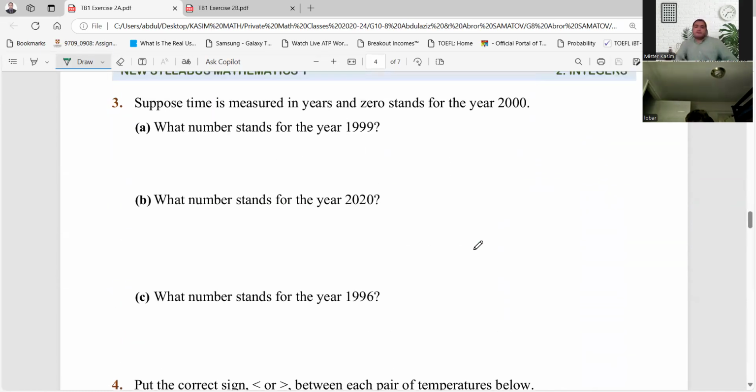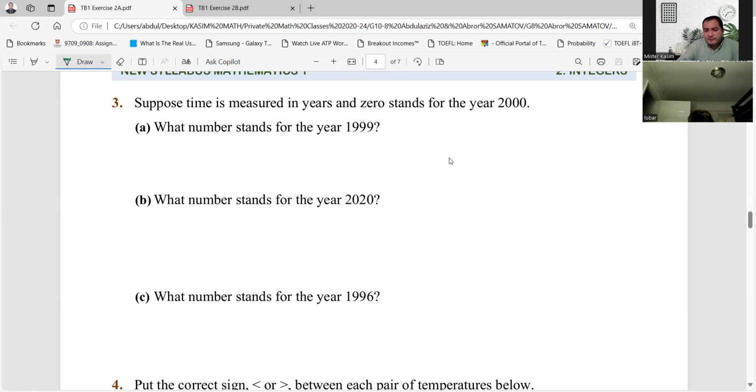Question 3. Read the question. Suppose time is measured in years and 0 stands for the year 2000.